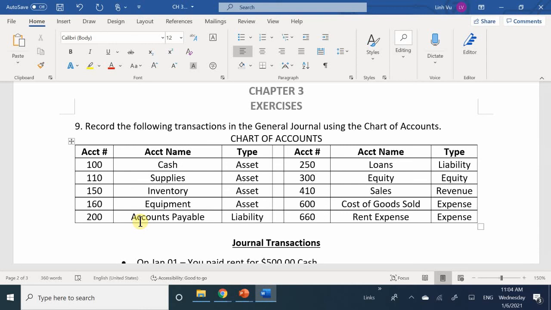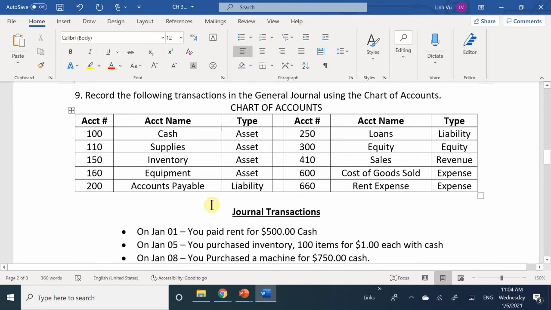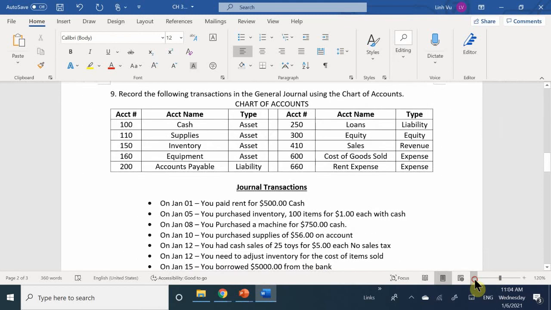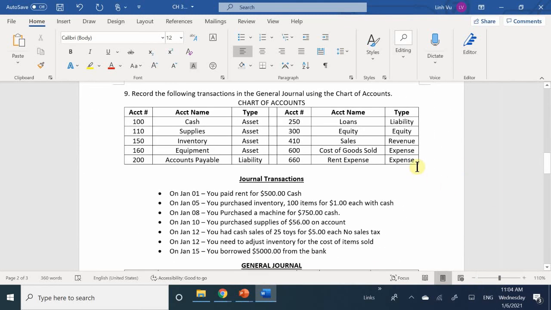I give you the account name and what kind of account they belong to. Now we're going to practice journalizing using the transaction analysis. I'm going to shrink this so you can see everything. Hopefully that's okay with you.